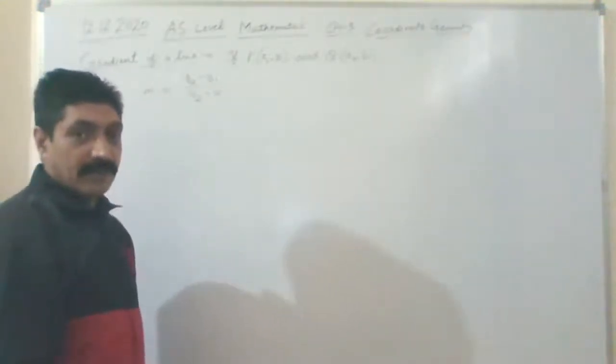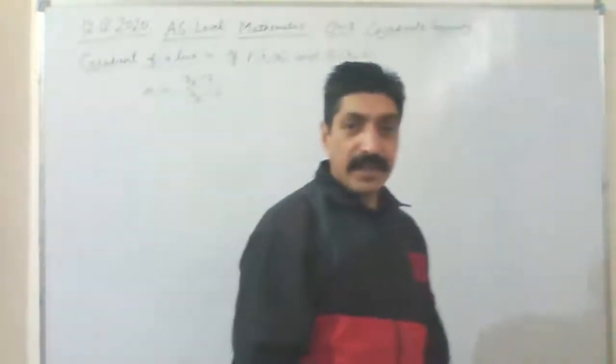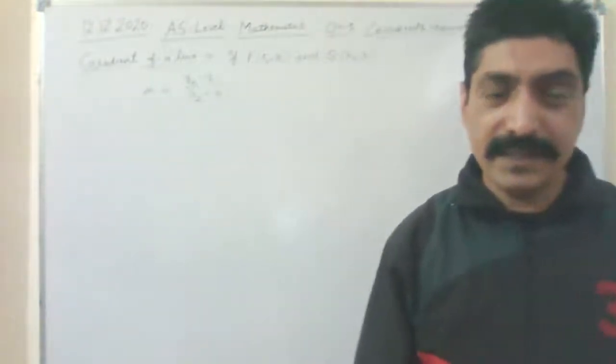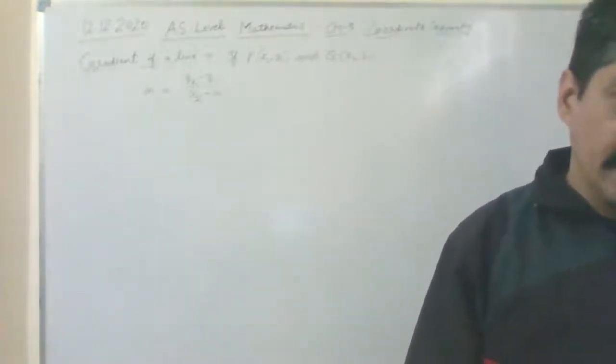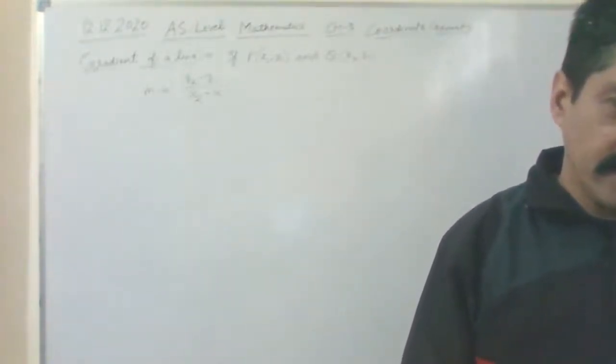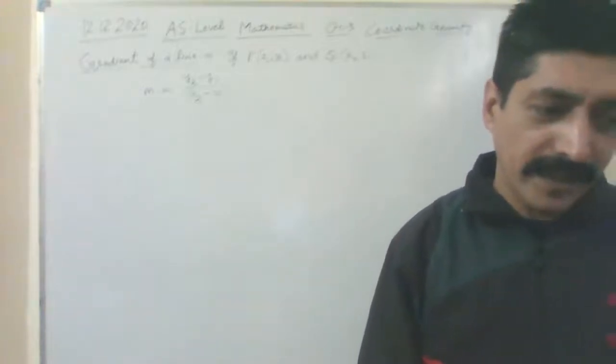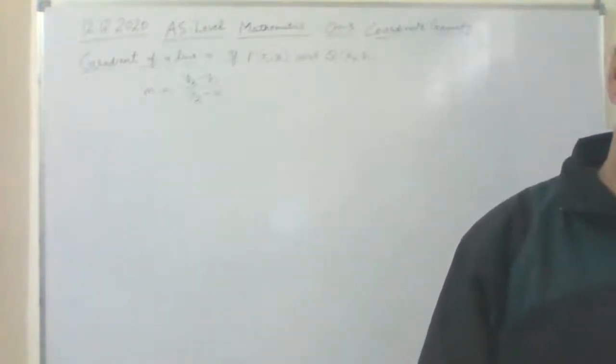If P and Q lie on the line, then the gradient of the line is defined as y2 minus y1 upon x2 minus x1, right?